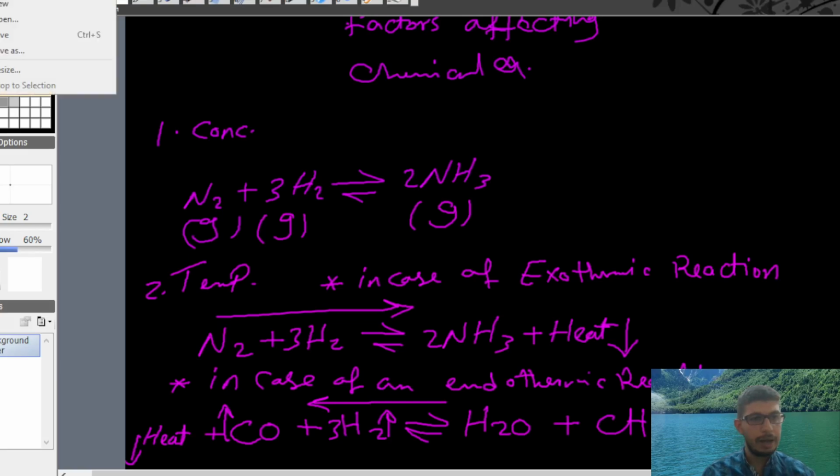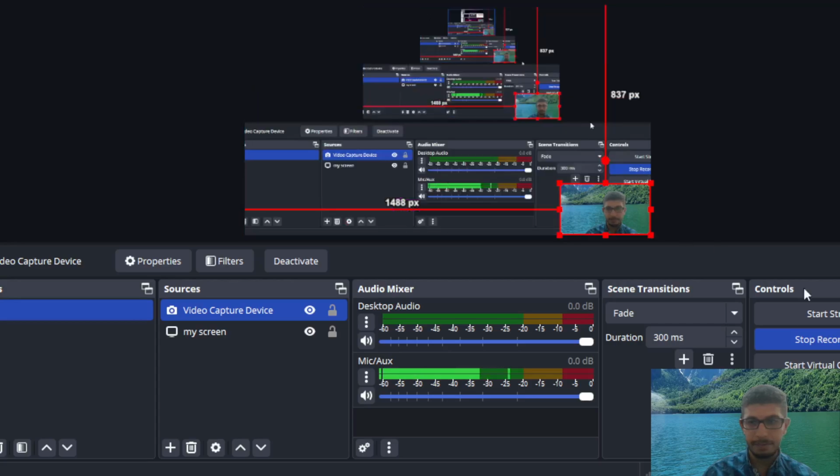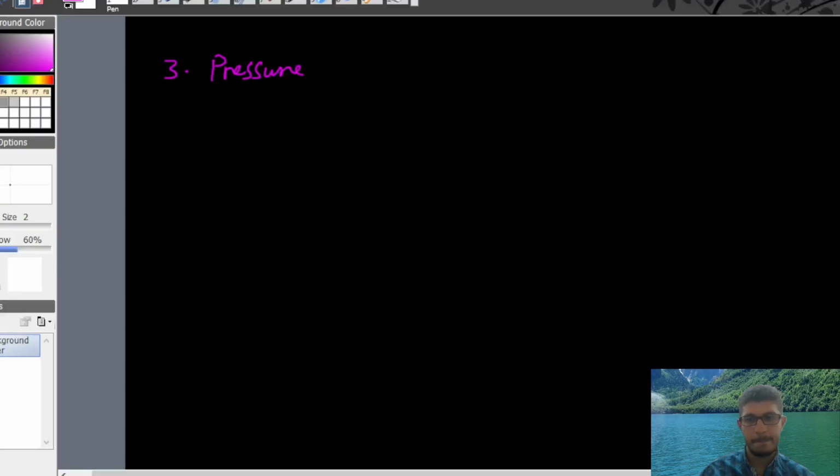So I need to talk about the third factor, which is pressure. For example, the well-known example: nitrogen plus 3 moles of hydrogen will give 2 moles of ammonia gas.